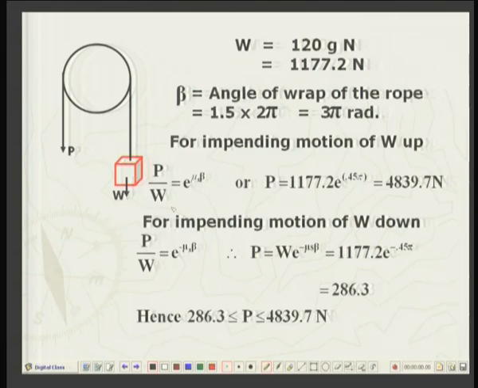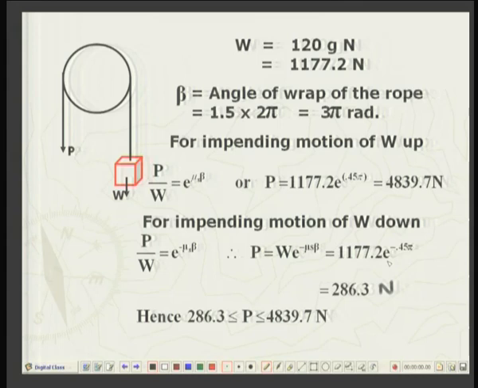Then we will have W over P equal to e to the power of the coefficient of static friction times the angle of wrap, or P over W is equal to e to the power minus mu s times the angle of wrap. So doing the same calculation, with the only difference being the minus sign in the exponent, we will get the force equal to 286.3 newtons.